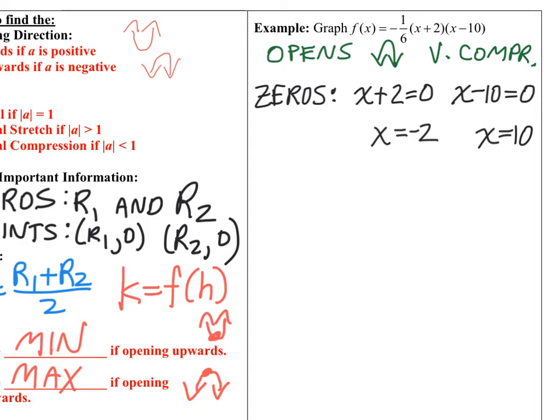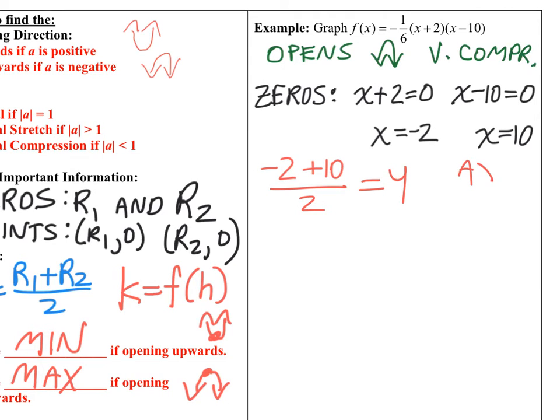Next, I can find my axis of symmetry and where the x value of the vertex is going to be. So if you like the formula, I can just add negative 2 and 10 together, which is going to be 8, and then 8 divided by 2 is going to give me 4.